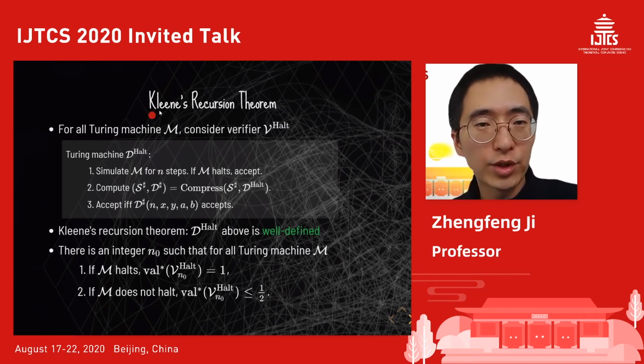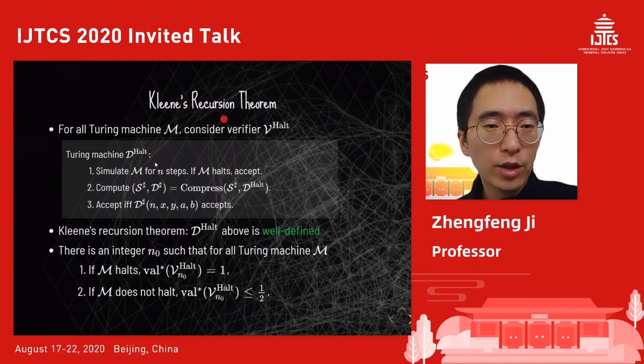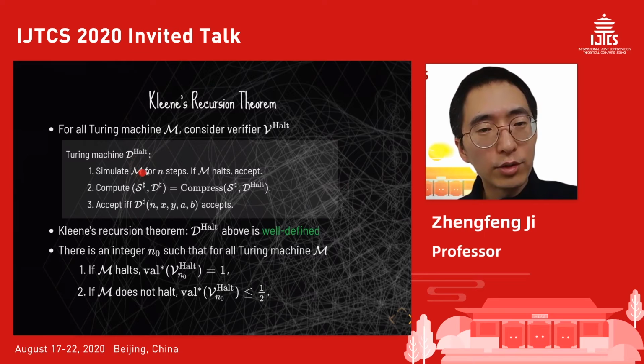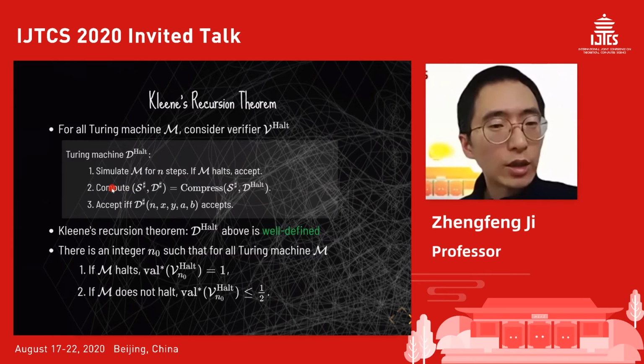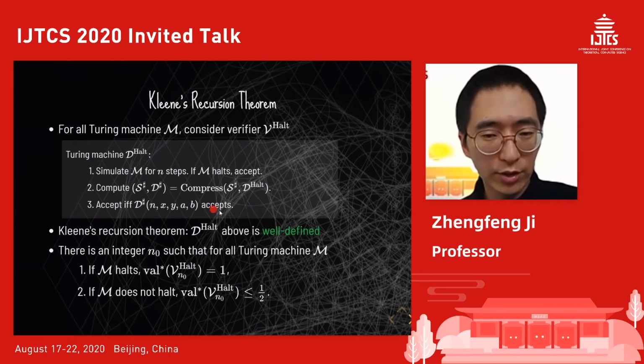And for this, we need to use the Kleene recursion theorem. Basically, in the definition of this Turing machine D hat, the decider of the verifier that we define, the second step is to take the Turing machine itself, compute the compressed Turing machines S sharp and D sharp, and accept only if the compressed decider accepts.